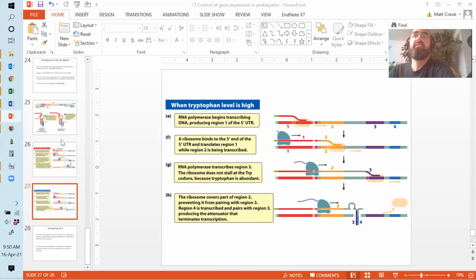You think how hard it is to detect, like, what does an amino acid look like, right? How do I detect that? I don't have any eyes, right? This is a really, really cool way of detecting the level of amino acid by whether or not it can be incorporated into a protein. So I think that's pretty cool. Okay, I think that's enough for now.